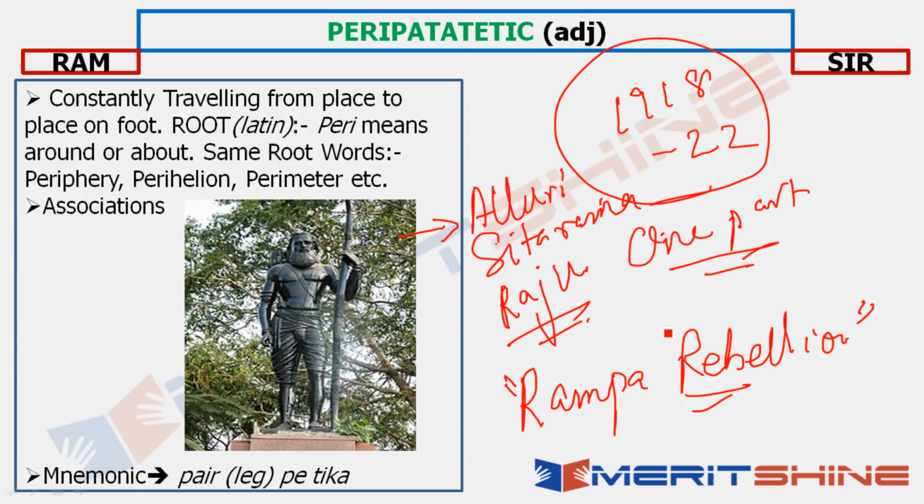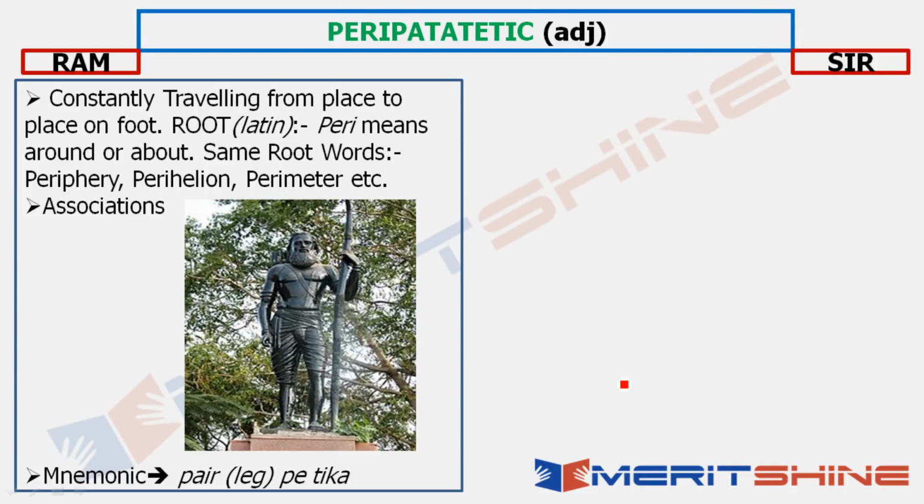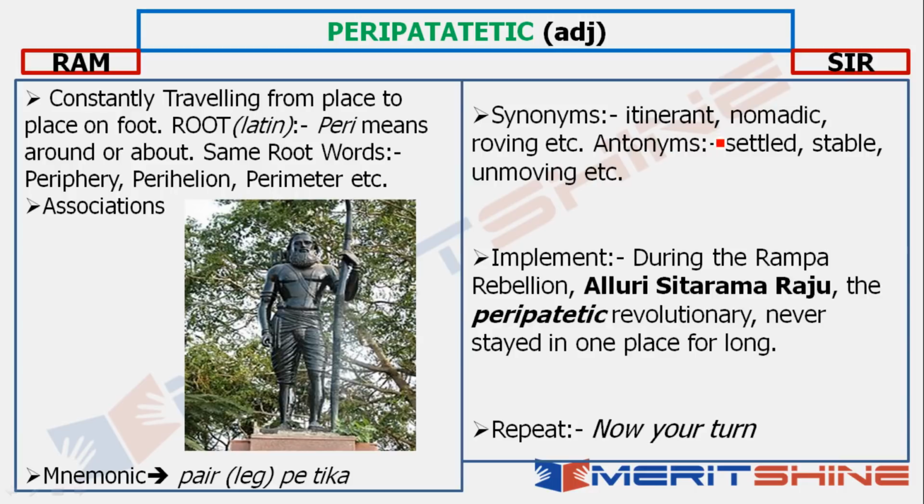The British government stopped that, and Alluri Sitarama Raju's revolt was against that, for the rights of the indigenous people of India. He was shot dead in one of the police encounters, and in 1922 he died. Synonyms of peripatetic: itinerant, nomadic, roving. Antonyms: settled, stable, unmoving. Let's implement it.